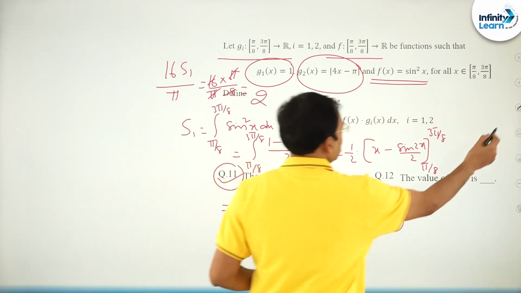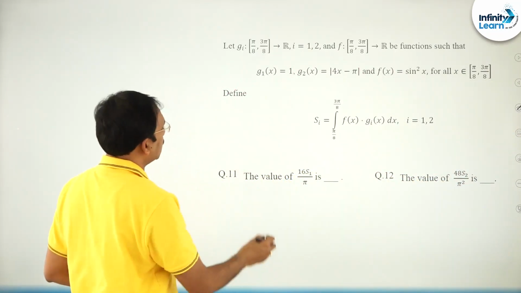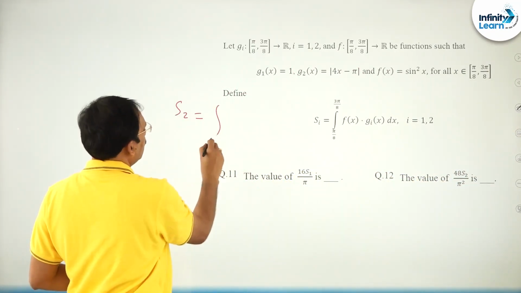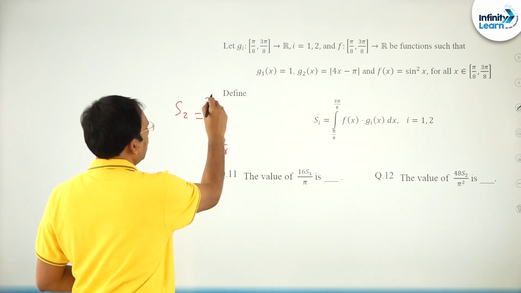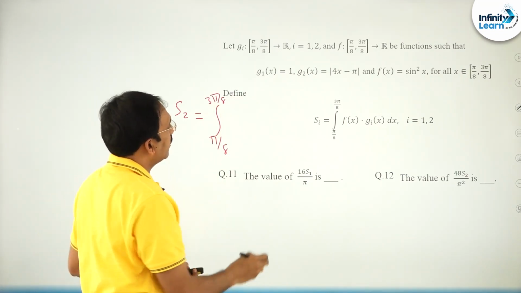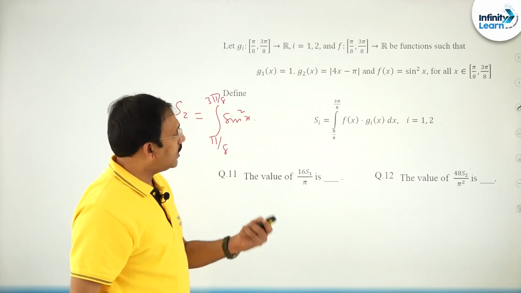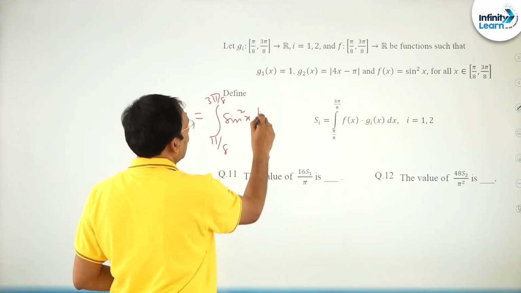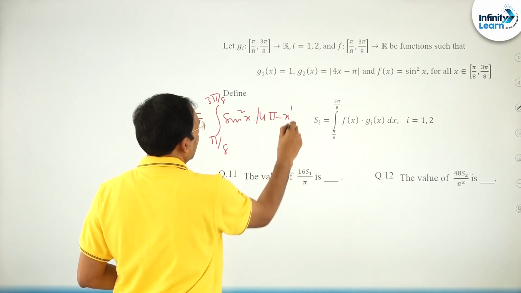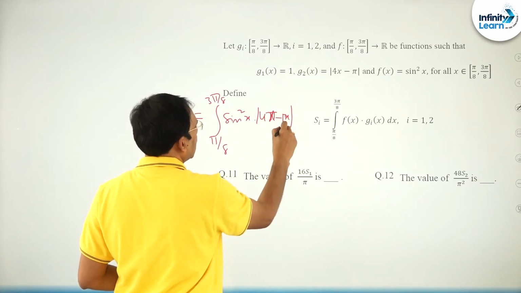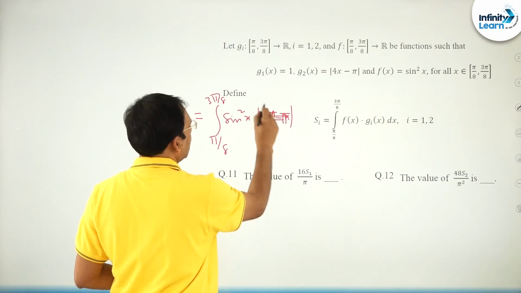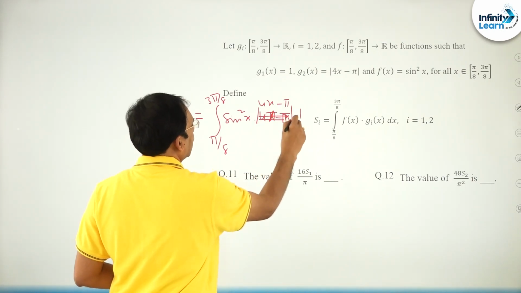Now you see the second question, in this case S2 he is asking about. S2 is the integral from pi by 8 to 3 pi by 8 of f of x, sin square x, into g2 of x, which is mod 4x minus pi, dx.